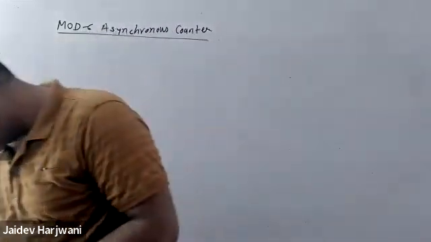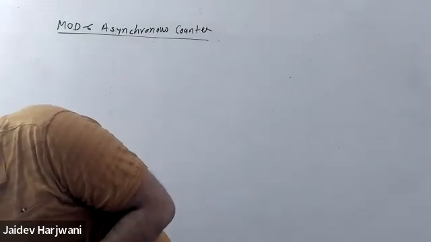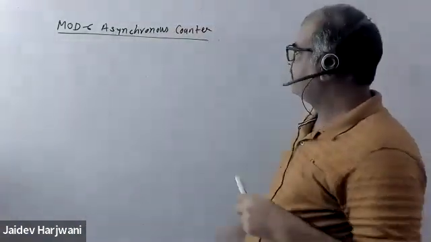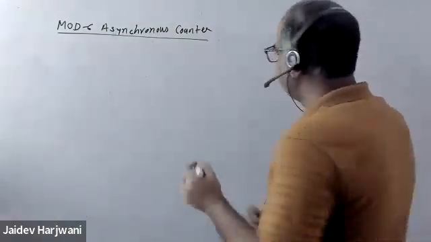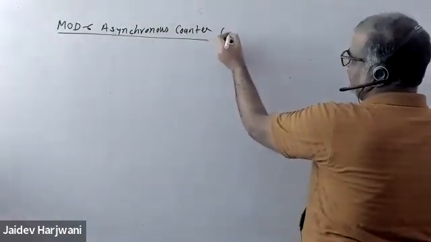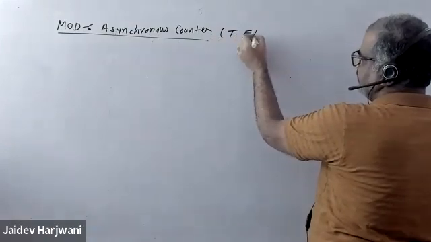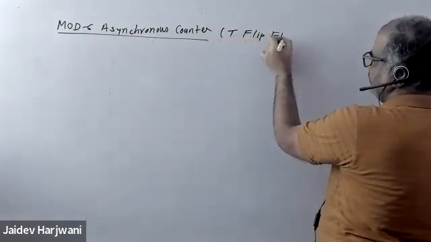Now you have this mod 6 counter. Obviously you need 3 flip-flops. I'm using T flip-flops this time instead of JK.